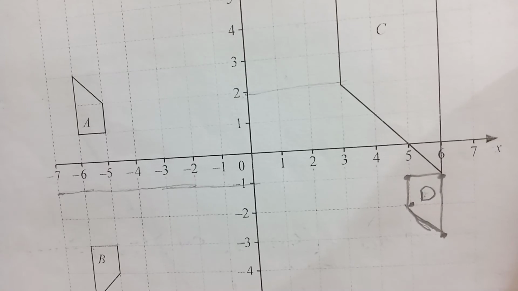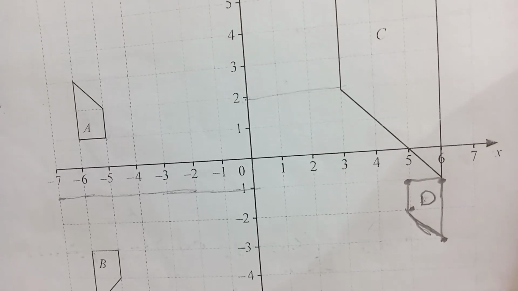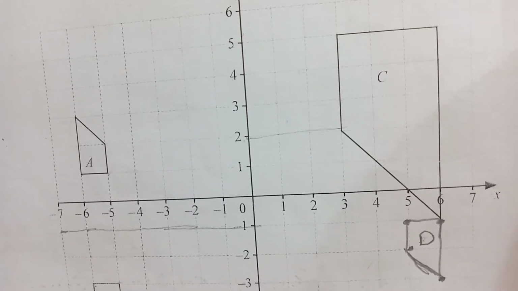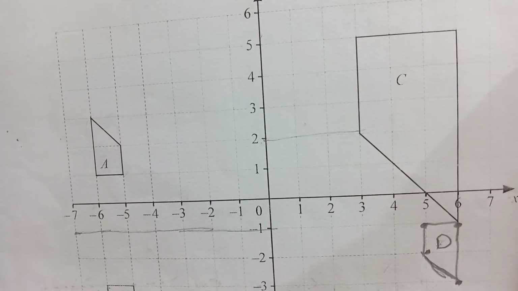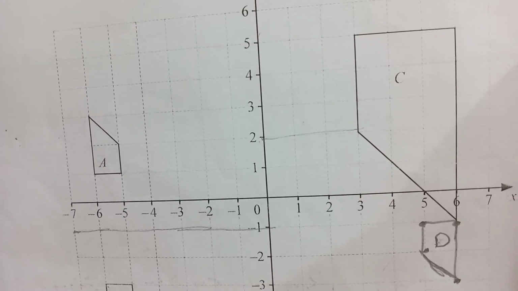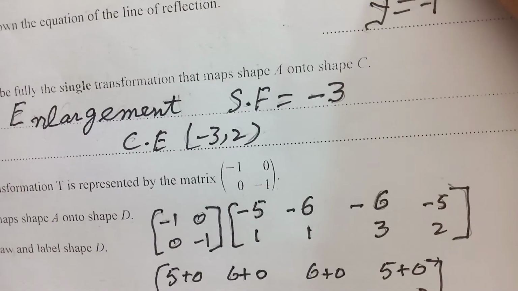Join the corresponding points. Where the corresponding points meet, that point will be the center of enlargement. Any side length of the image divided by the corresponding side length of the object gives you the scale factor.